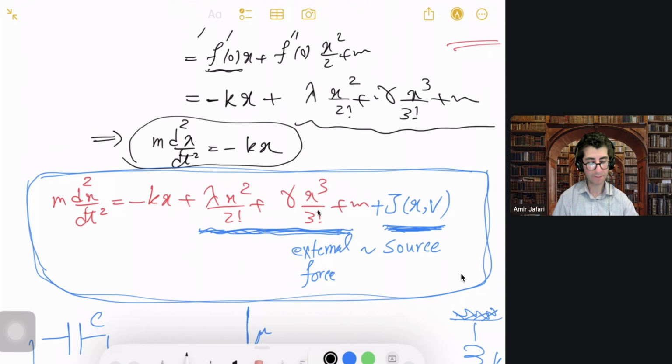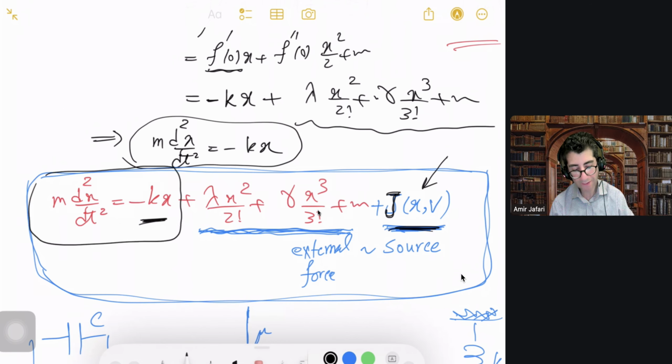So you're going to have an external force, I call it J here, and you can keep this term and this term. So depending on the problem you have, you're going to have different terms. But if there is no damping force, friction, etc., or driving force, like a battery in a clock, and it's an ideal spring and mass, then this equation would be enough for you, and this is simple harmonic oscillator. Otherwise, it's not simple harmonic oscillator.